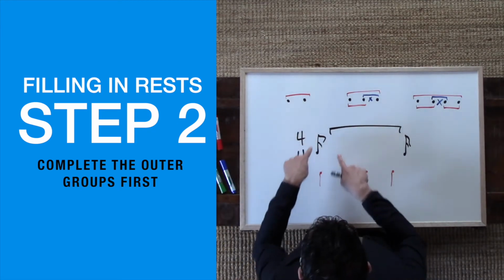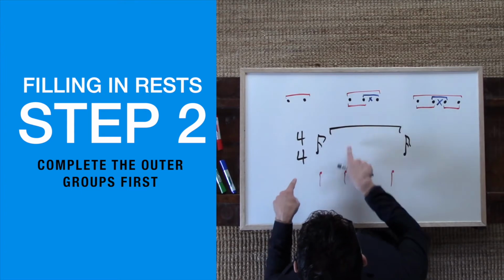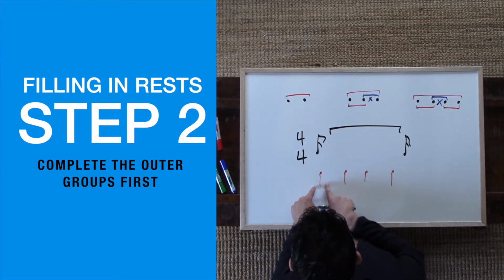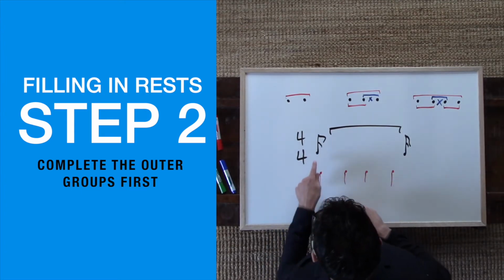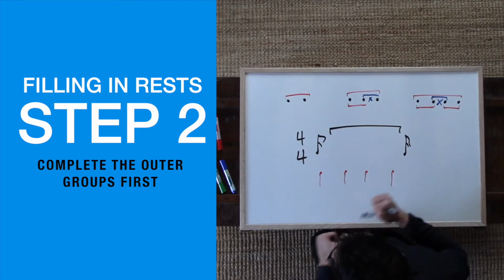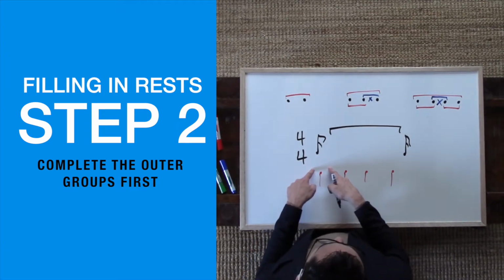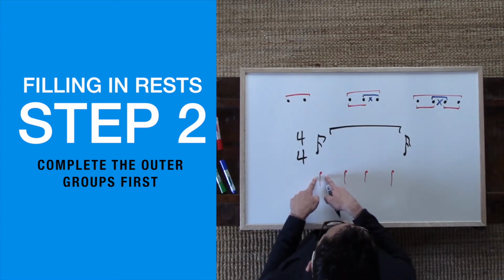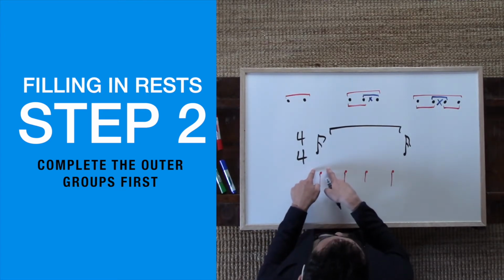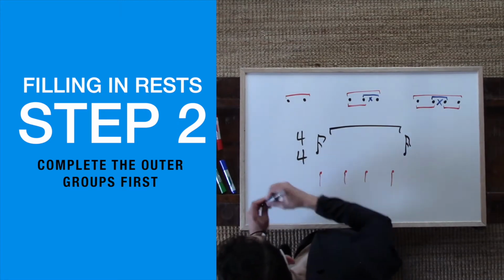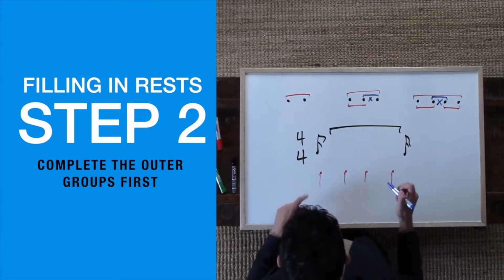We need to add rests here to finish this first pulse in 4/4 time. We have a 16th note. To make this easy, I'm going to write 16th notes down here. I'm going to subdivide my grouping diagram beneath the question into 16th notes, so it's easy for me to see what on earth I am doing.